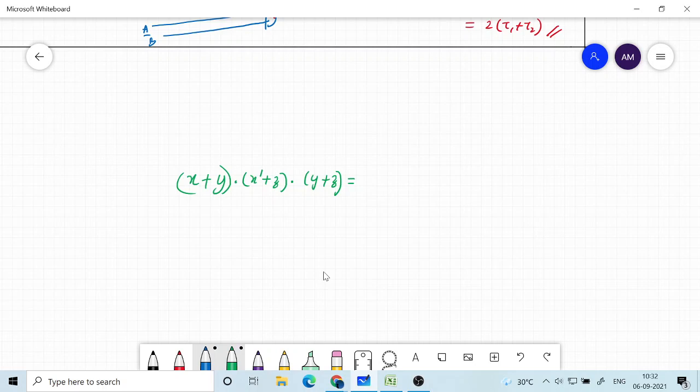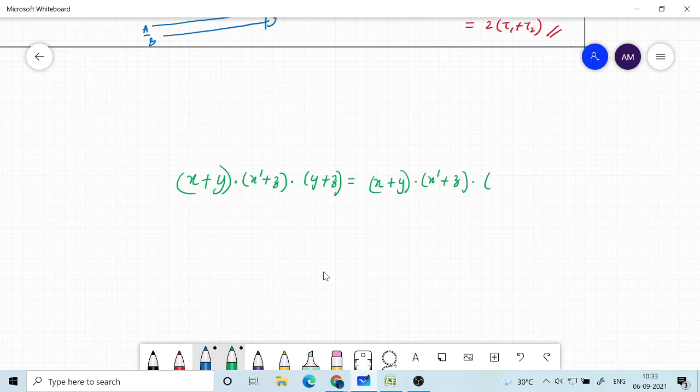So the first step is basically applying the distributive property. Okay, so if I apply step 1, if you look at problem number 4, you brought x there in the last term.